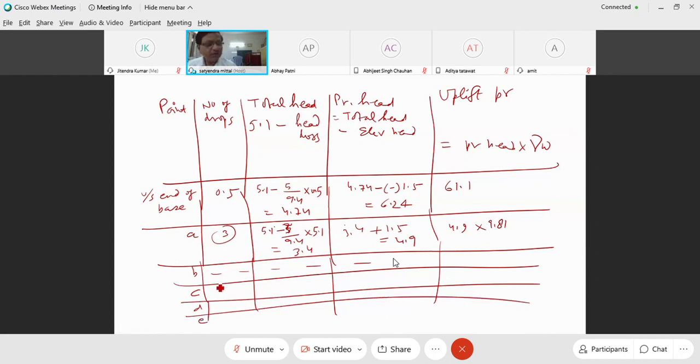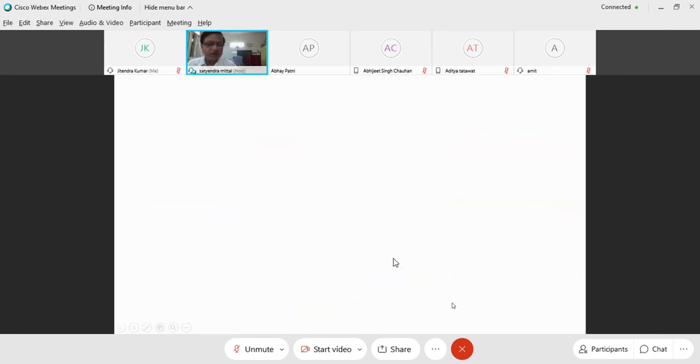Let me quickly write for D. For example, this is 7, this is 1.29, this is 2.79, and 27.3, like this. You can fill the rest. So now, the last point. Now you will draw the pressure diagram.